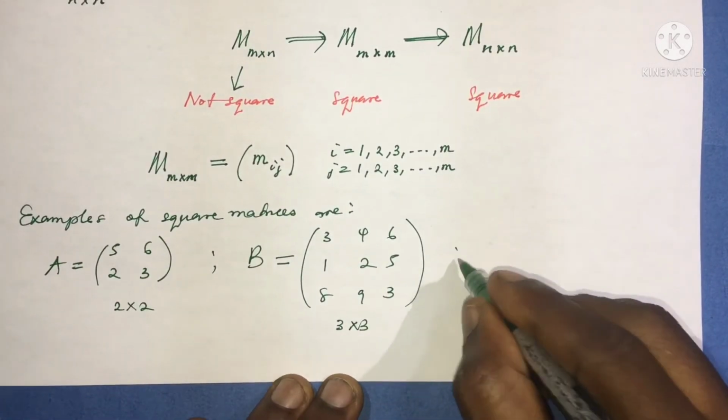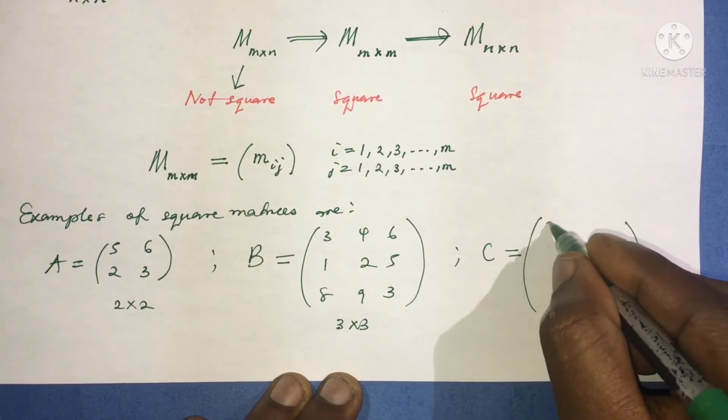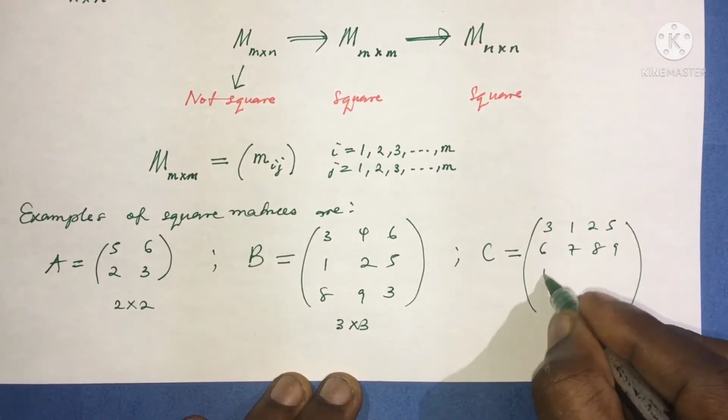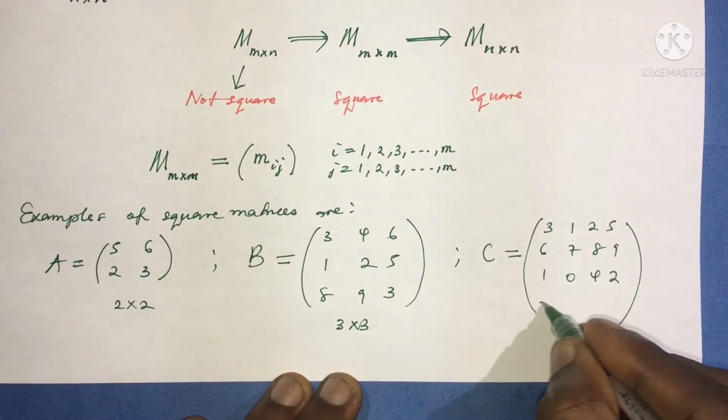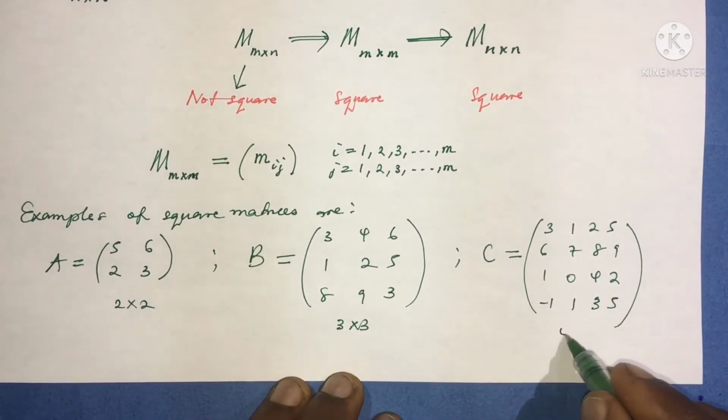If you move on to C, C is of order 4 by 4: 3, 1, 2, 5, 6, 7, 8, 9, 1, 0, 4, 2, minus 1, 1, 3, and 5. This is a square matrix.